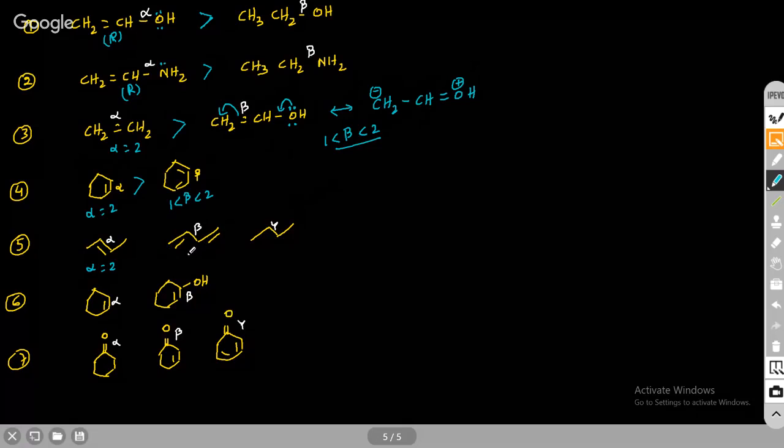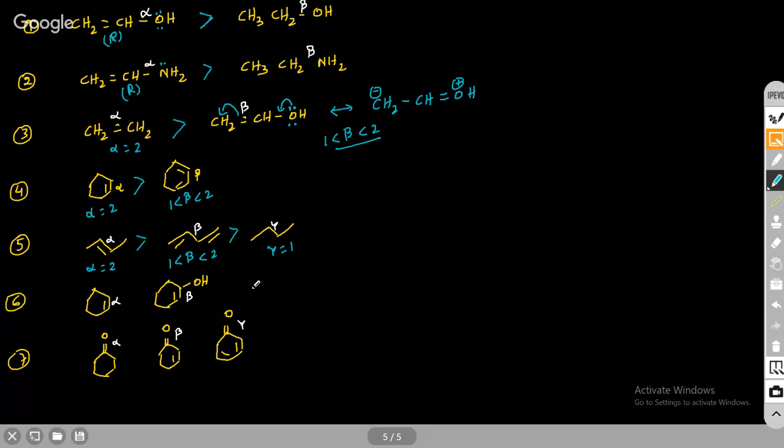The value of beta here is between 1 and 2, and the value of gamma here is 1. The order will be alpha maximum, then beta, and then gamma.